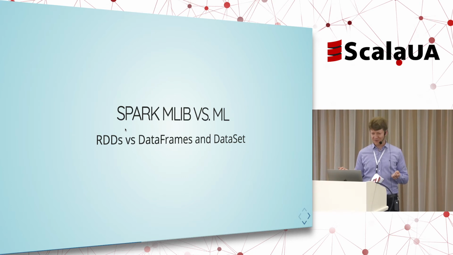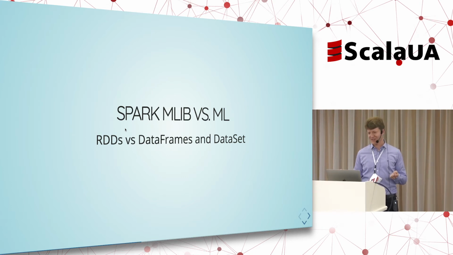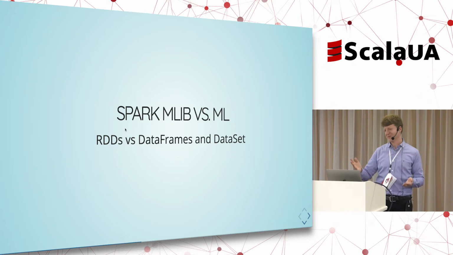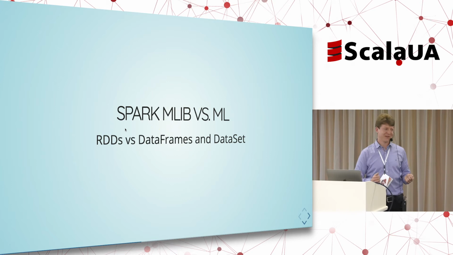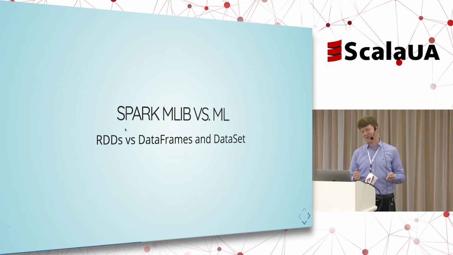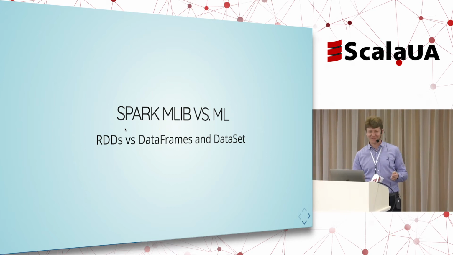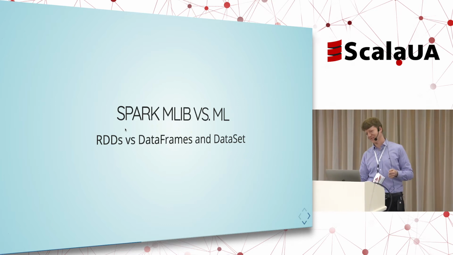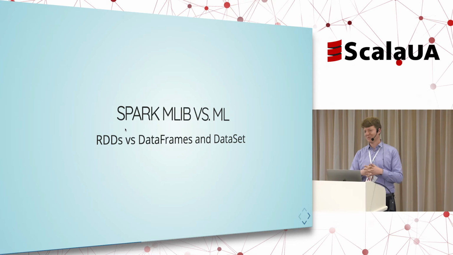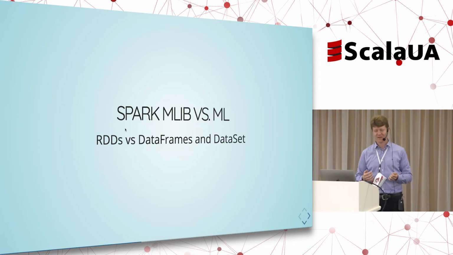And this also caused some confusion to me in the beginning. And of course, as things go, if they go wrong, they go really wrong. I started using the mlib package first, only then to later find out that the Spark ML package is the better one, the newer one, and that Spark mlib will eventually also be removed, I think, in Spark 3.0.